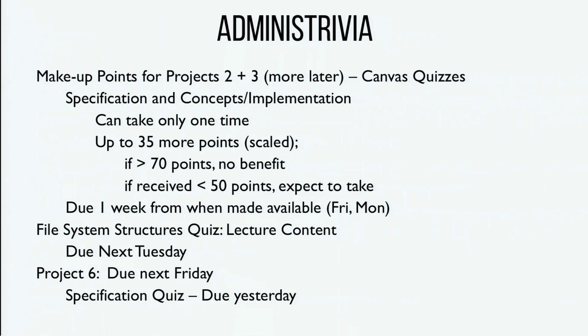You need to figure out what operation from the file system must have preceded that image for the file system to look like that. So did it do a create of a file, or a make dir, or a hard link, or what were the operations that lead to that image? That's due 1 week from Tuesday. And you also have your project due on Friday. So any questions about administrative stuff?